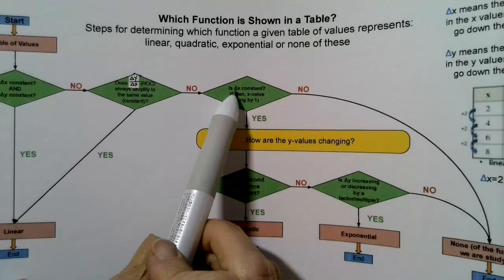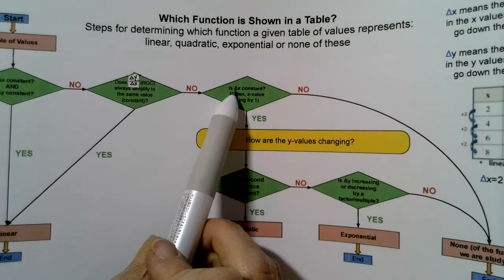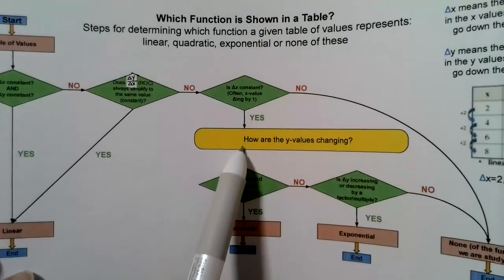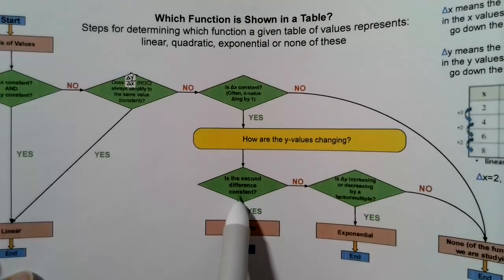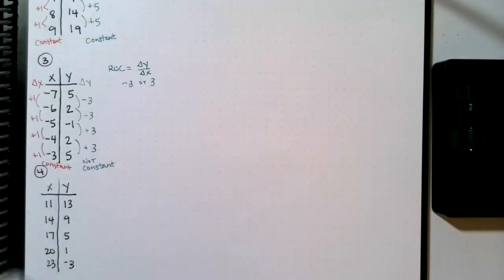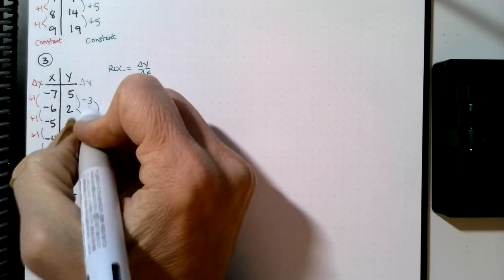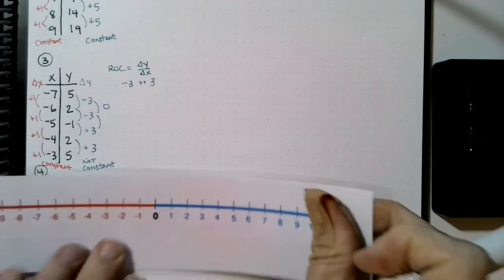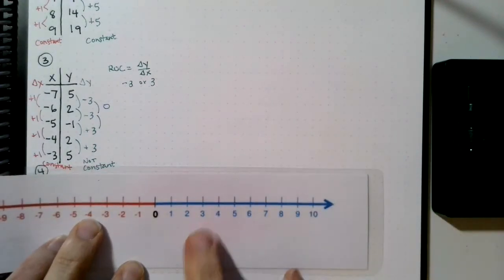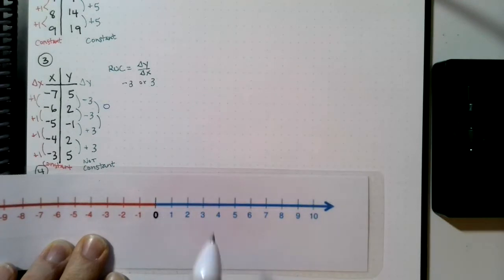So that's a no. Then we look at, is the change in Y constant? And that answer is yes, it was 1. So we're going to start looking at how our Y values change. So now we need to look at the second difference. If I look here at my second difference, the difference between -3 and -3 is 0, but the difference between -3 and +3 is 1, 2, 3, 4, 5, 6.